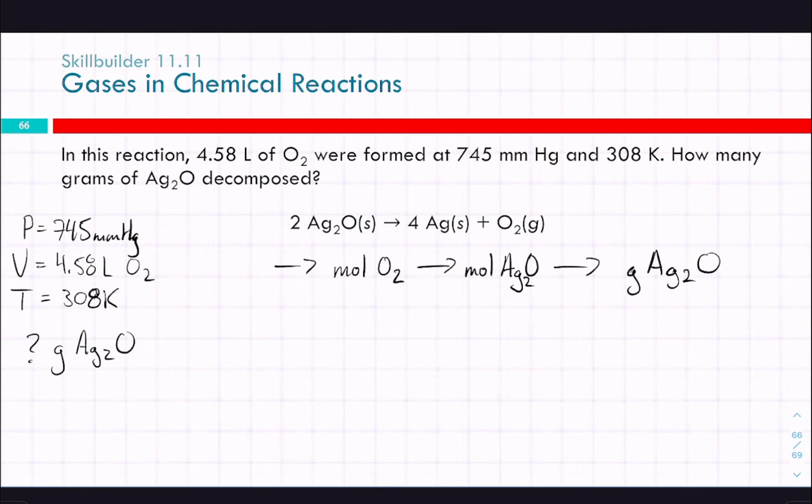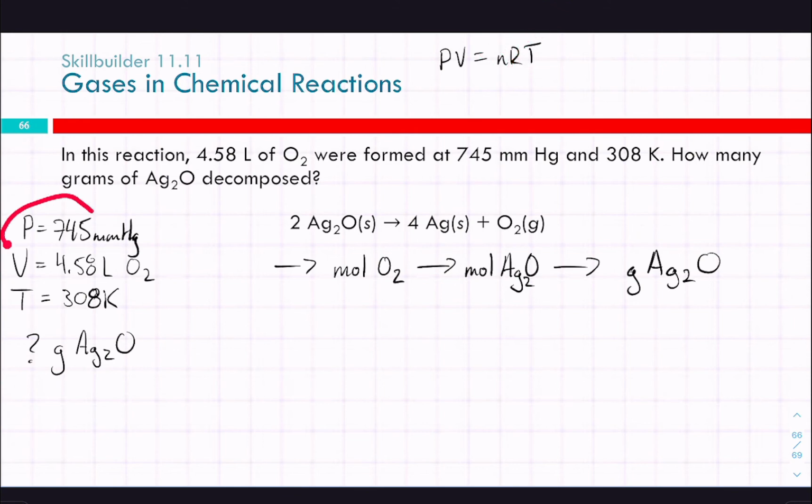What equations do we have? Which gas law equations have moles? Ideal gas law. Okay. So if we have pressure, volume, R, which is a constant, and temperature, then we can find the number of moles.